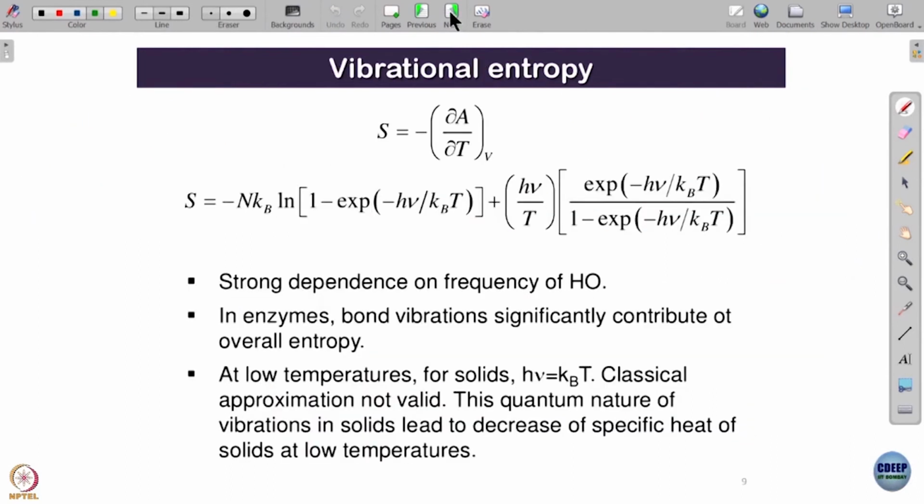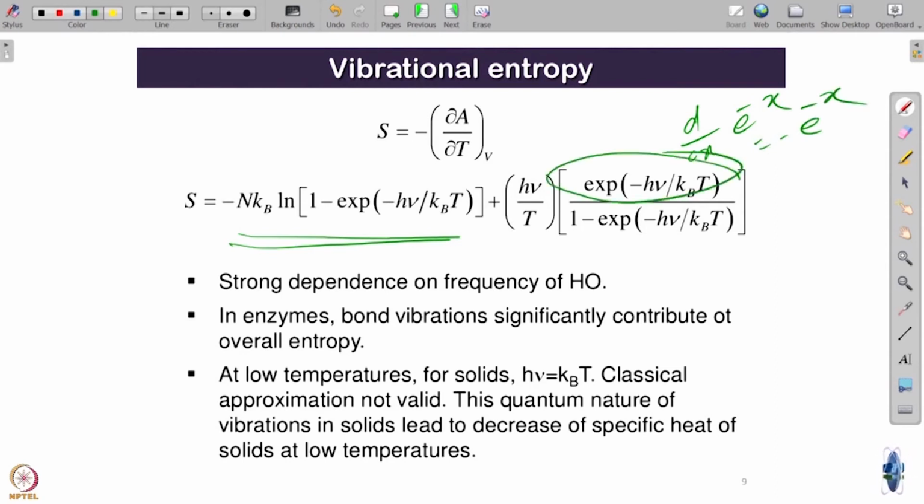That is what happened, and then when I do all that, I told you one term is the first term that comes, and here, after taking the derivative of the exponential, d by dx of e to the power minus x is minus e to the power minus x. So, that remains from that term, and as I told you, one goes to the denominator, and there is one more negative sign here.